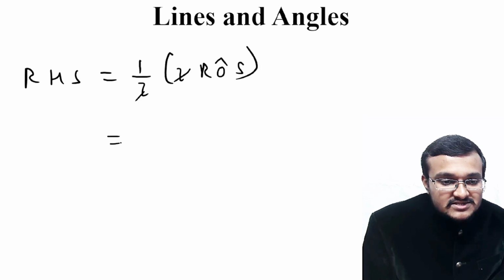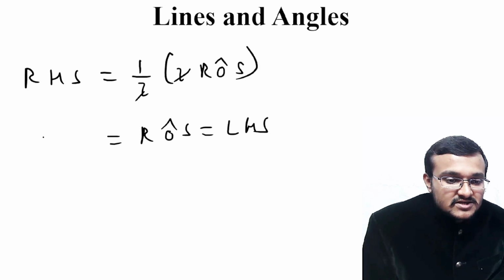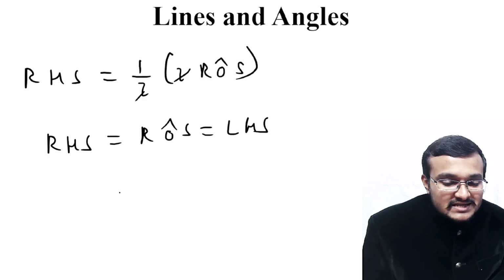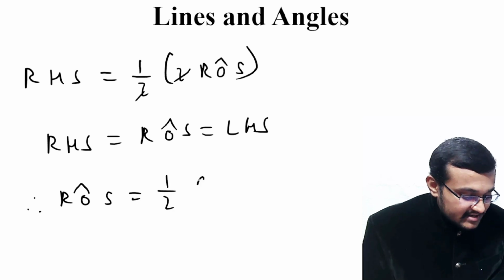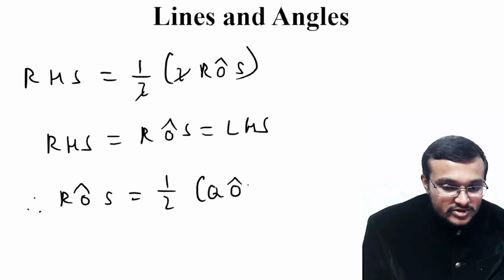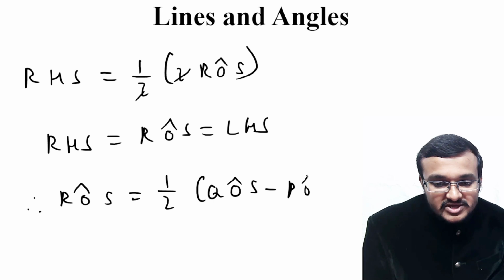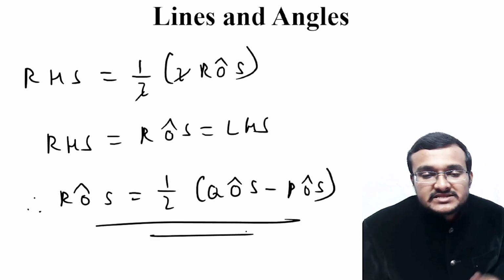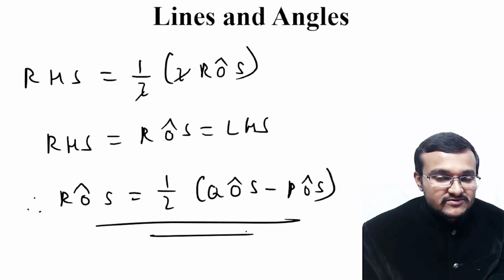The 2s get cancelled, and we get ROS, which is equal to the LHS. So RHS is equal to LHS, meaning ROS. Therefore ROS is equal to 1 by 2 into (QOS minus POS). Hence we have proved this equation.